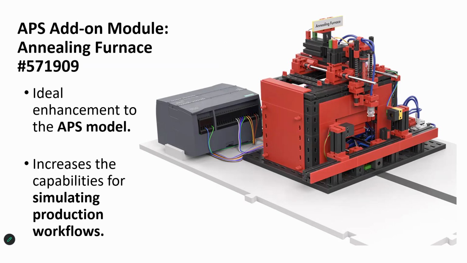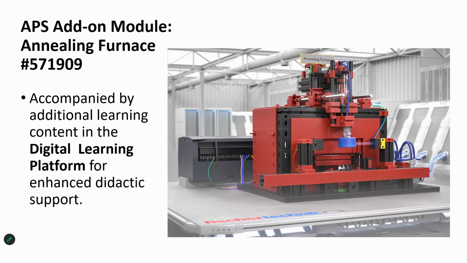The addition of this production module unlocks further learning content in the digital learning platform. Both theory modules and additional tasks in the Agile Manufacturing Learning Model are made available. And these will cover topic areas such as introducing new derivatives into production and expanding existing production configurations with an additional process.